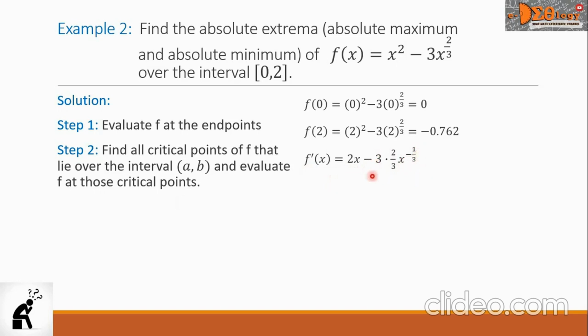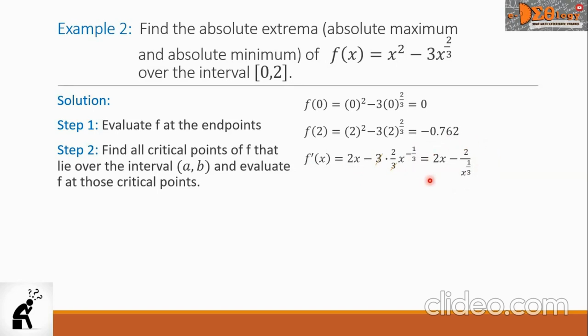We can cancel this 3 and the denominator 3. Simplifying further, our function now becomes 2x minus the fraction 2 all over x raised to positive 1 over 3.